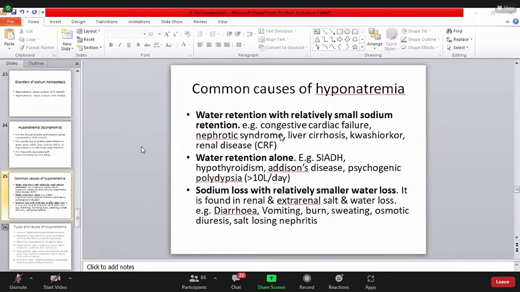Water retention alone occurs in which disease? SIAD, that is syndrome of inappropriate ADH secretion. Hypothyroidism, Addison's disease, psychogenic polydipsia. Psychogenic polydipsia means when a person intakes more than 10 liter water per day.